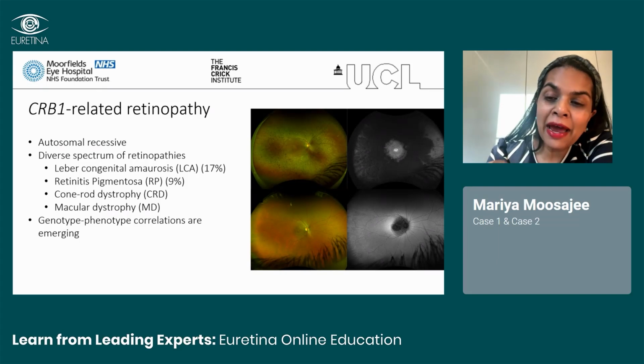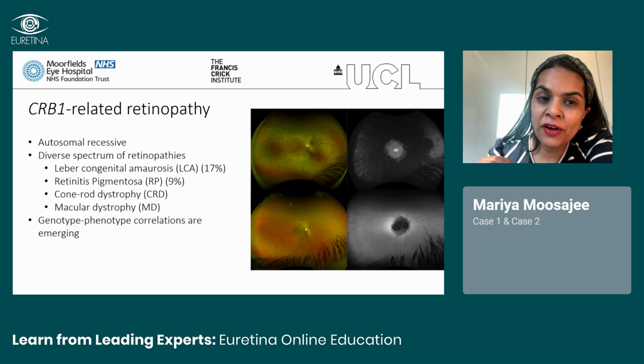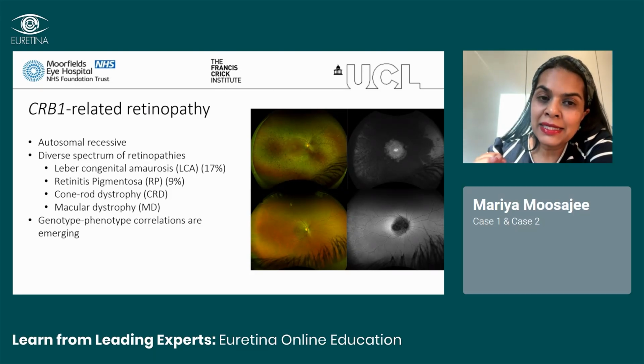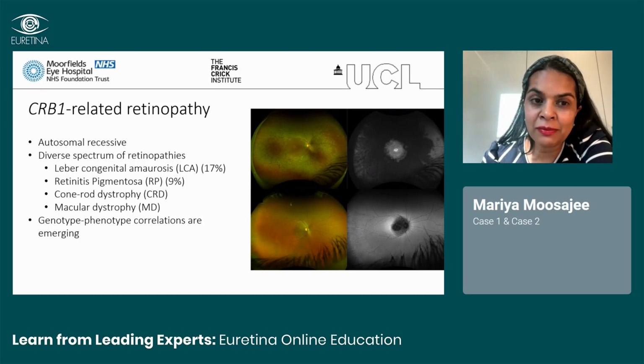The characteristic feature of CRB1 Leber's congenital amaurosis is a thickened retina with loss of that retinal lamination. So if you ever see that or hear someone saying a thickened retina, think of CRB1. It's inherited autosomal recessively, but this gene actually gives rise to several other phenotypes.